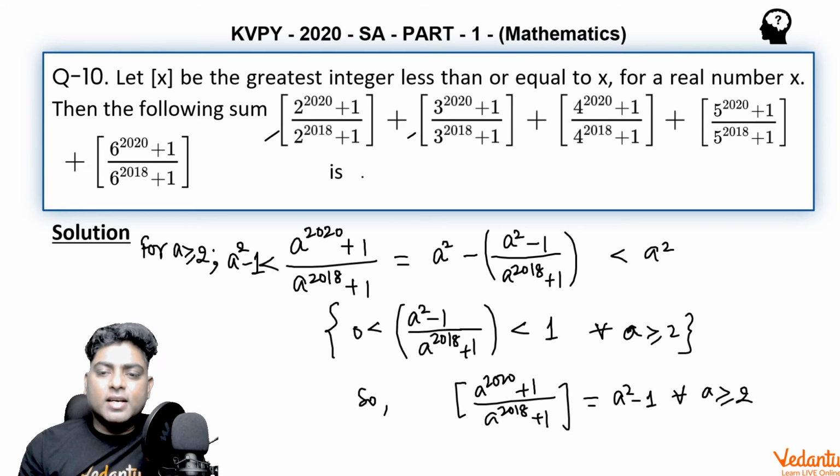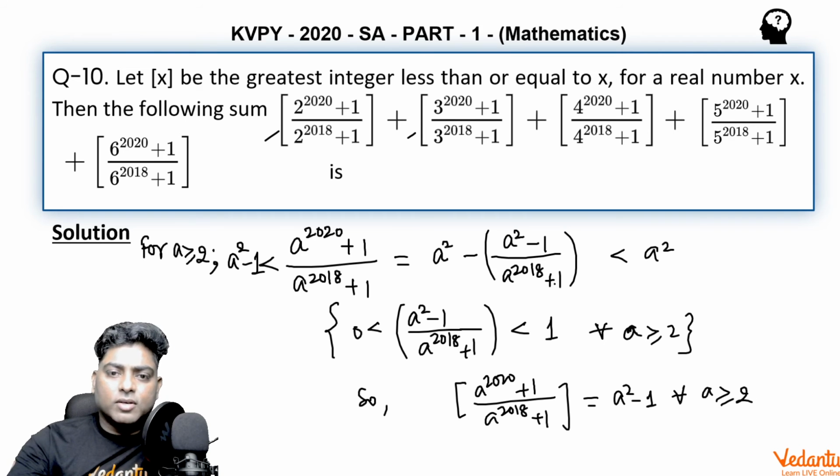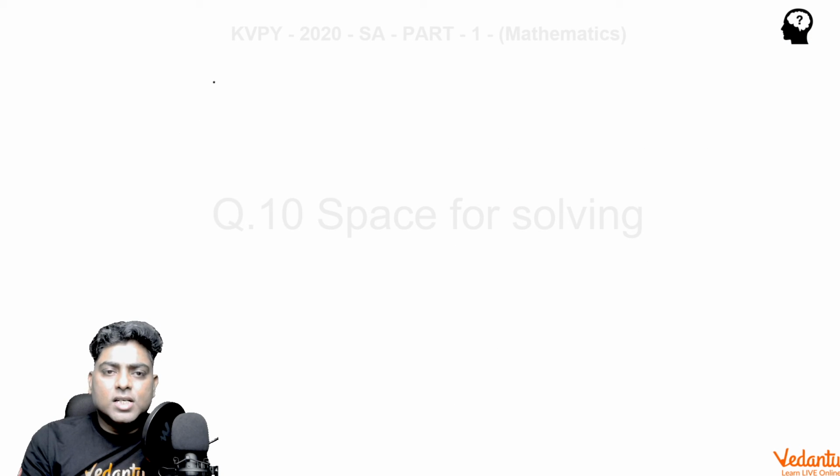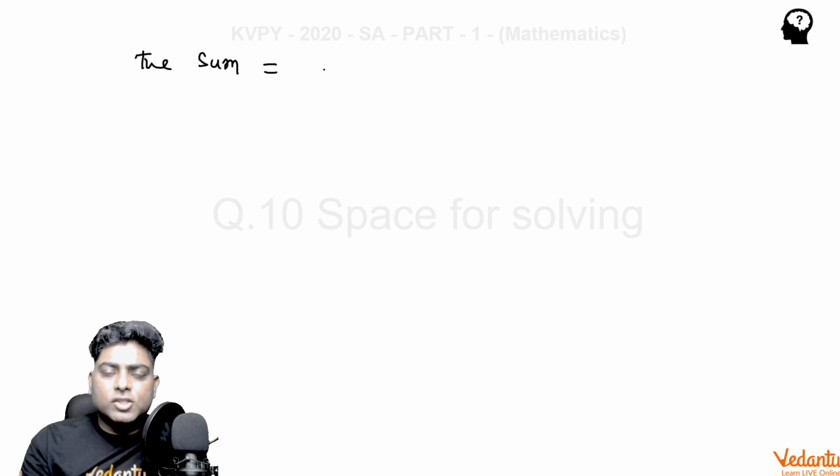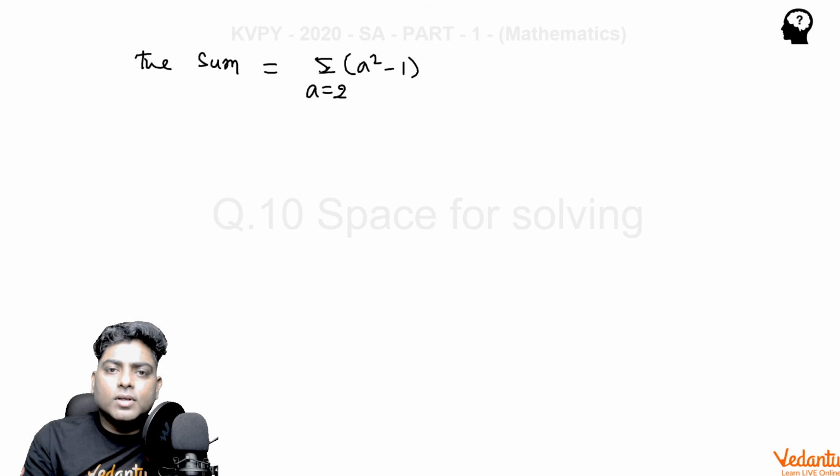So by taking a as 2, 3, 4, 5, 6, the sum must be the sum of a squared minus 1, with a from 2 to 6.